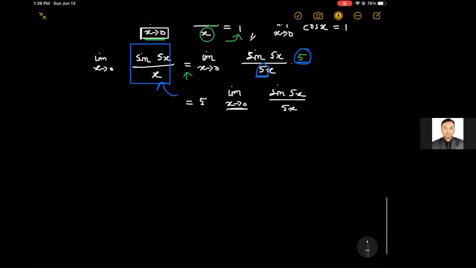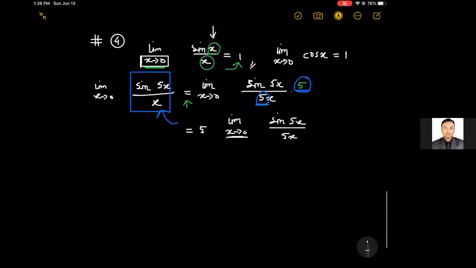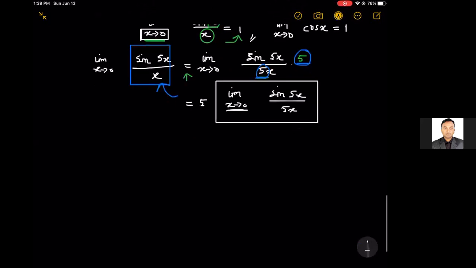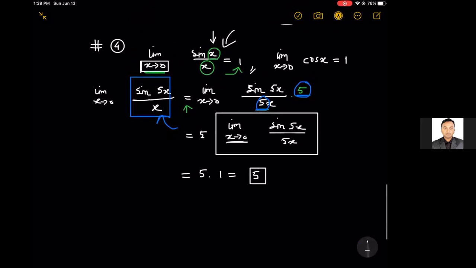So using this particular law, I can write this as 1, and this should give me a result which is 5. You can do this for any other problems like this. Whenever you have x tends to 0 and a sine or a cosine function, you can make these adjustments and find the limit.